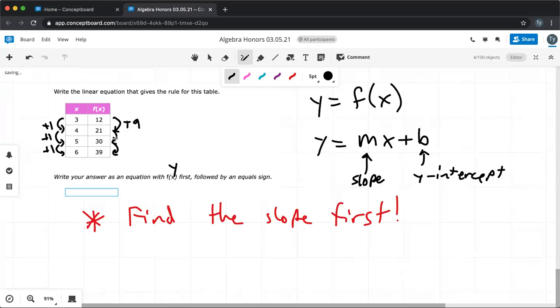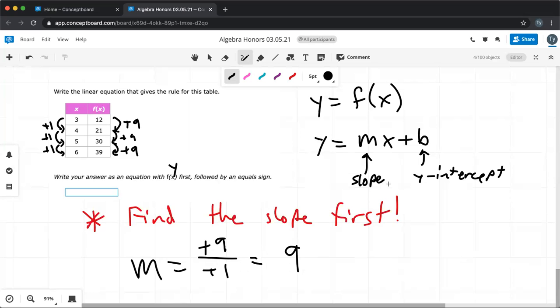Well, that's plus 9. 21 up to 30 is another 9, and then 30 up to 39 is another 9. So our slope m is the change in y over the change in x. And in this case, positive 9 divided by positive 1 just gives us 9. Hooray, we found the slope.